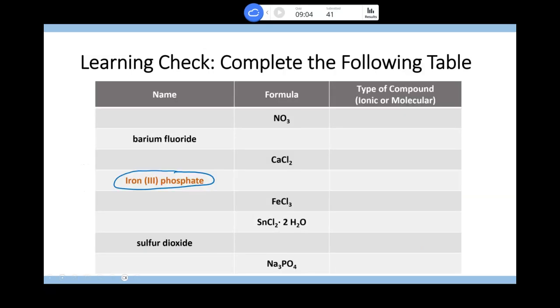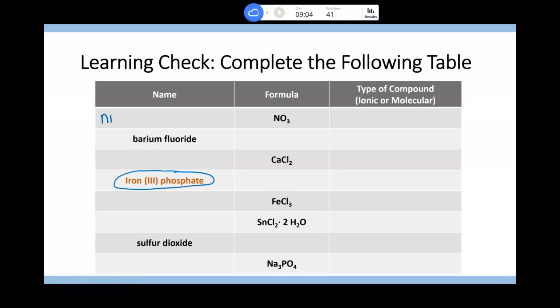Okay. On this table, we start with NO3. We've seen NO3 minus as a polyatomic ion, but this NO3 does not have a charge, so this is not an ion. It's not the polyatomic ion nitrate. It's a molecular compound. So we name this using our binary molecular compound rules.